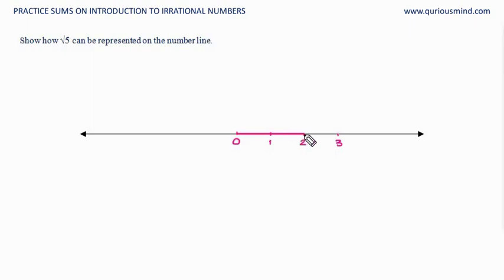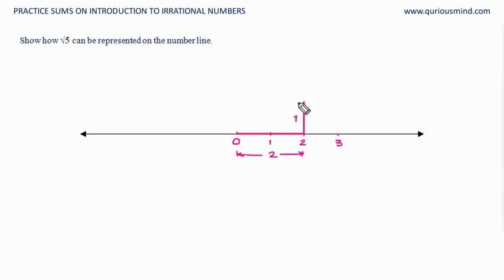And at 2, I'm going to draw a perpendicular here, which is equal to 1 unit length. So let me draw that. So we have drawn a perpendicular from 2, which is 1 unit length. Let me write it here. This is 1 unit length, and this one was 2 units length.